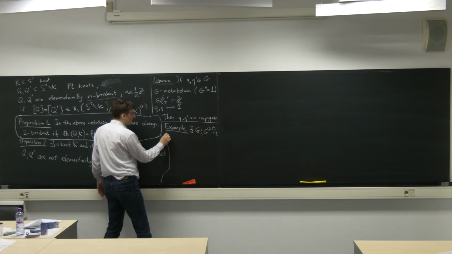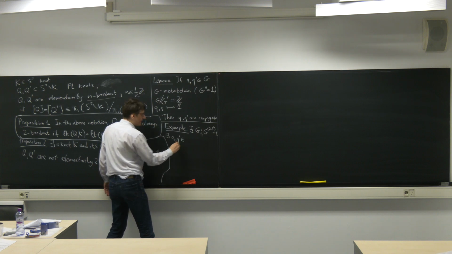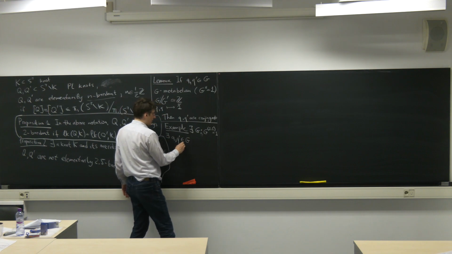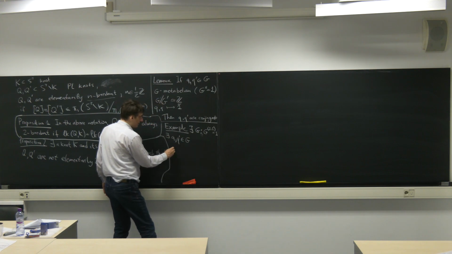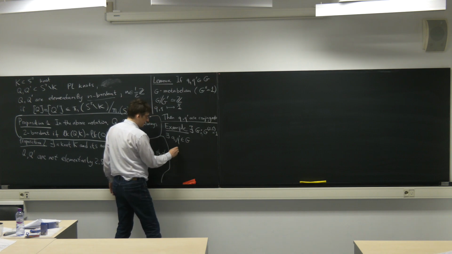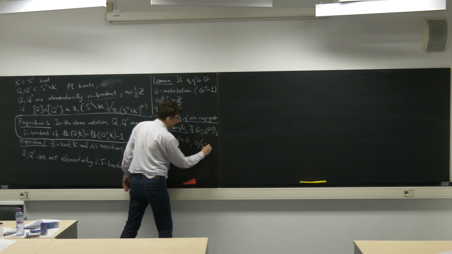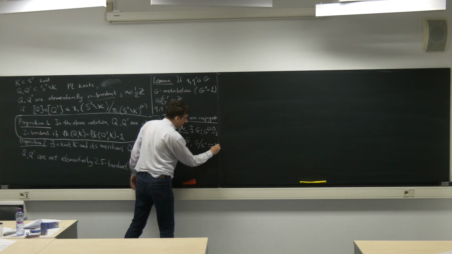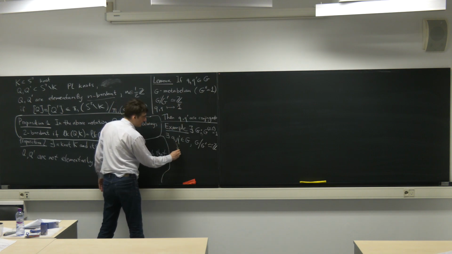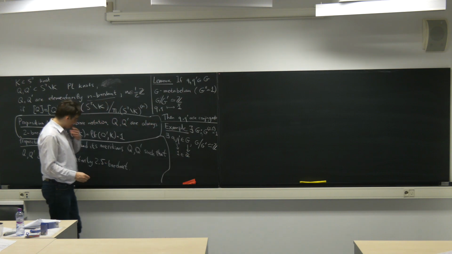Then there also exist Q and Q prime in G, and the abelianization of G is again isomorphic to Z, and Q and Q prime go to 1 in this Z under the abelianization map.